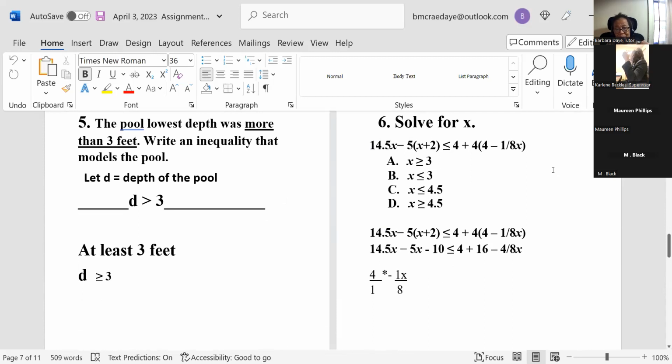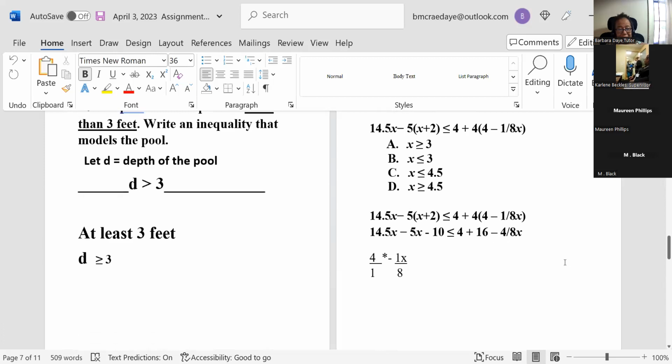To see if you know to multiply the 5 by the x and the 5 by the 2, and multiply 4 times the 4 and 4 times the minus 1/8 x. If I just gave you what you get from that, you could tell me which one is correct. That tells me that you multiplied what's outside the parentheses with what's in the parentheses, so you came up with an answer without the parentheses. You got it? Okay.